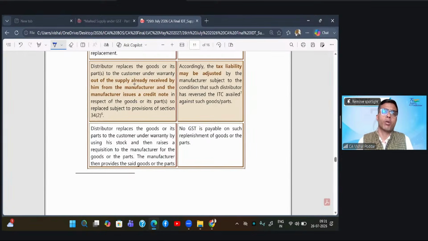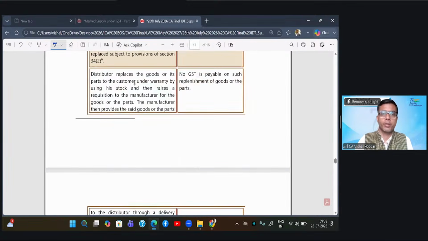The manufacturer had already sold the parts to me, and I'm using the parts. Again, for these parts, I need money from the manufacturer. So I ask the manufacturer, boss, you send me a credit note to adjust the amount of these parts. Now, since there is a credit note, the tax liability pertaining to the credit note will be reduced.